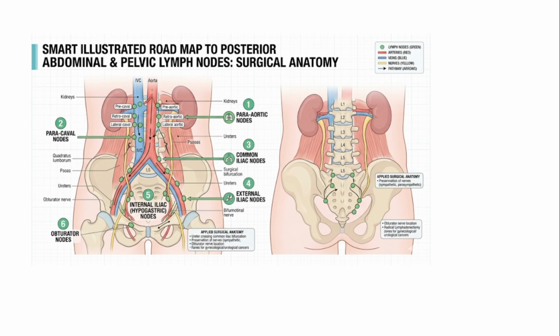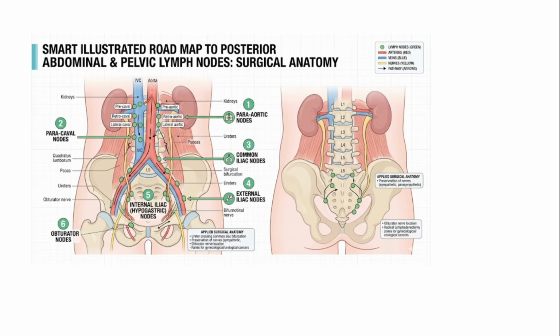In the para-aortic lymph nodes, we can see pre-aortic, retroaortic, and lateral aortic. In the para-caval nodes, we will also see pre-caval, retrocaval, and lateral caval. So it's very easy.